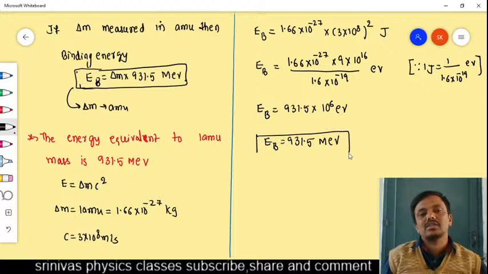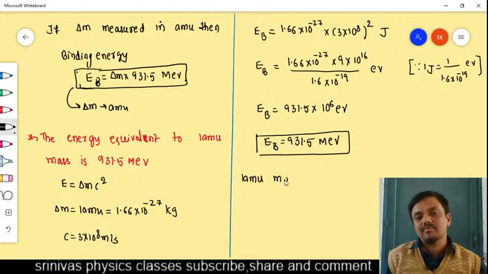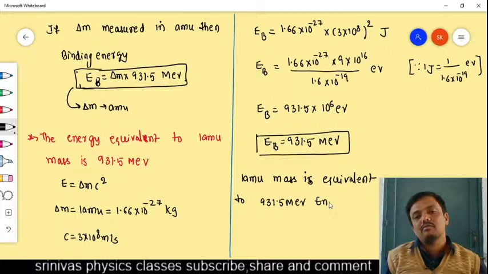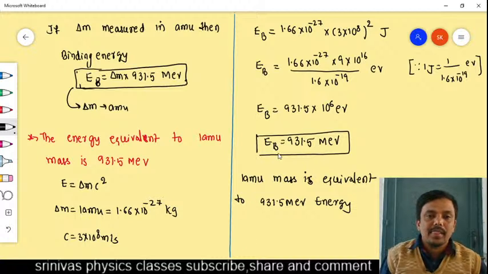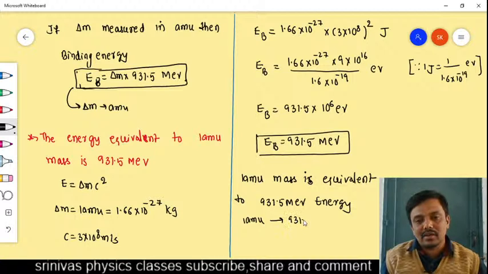That means if you destroy 1 AMU mass, how much energy is released? 1 AMU mass is equivalent to 931.5 mega electron volts of energy.